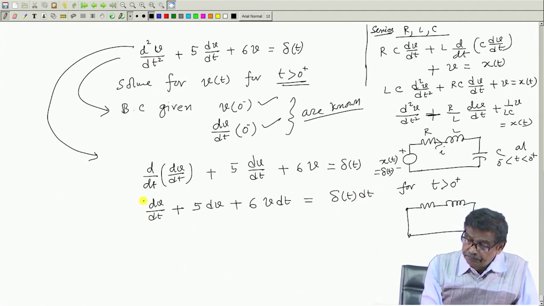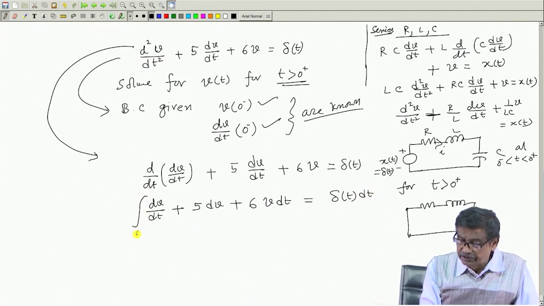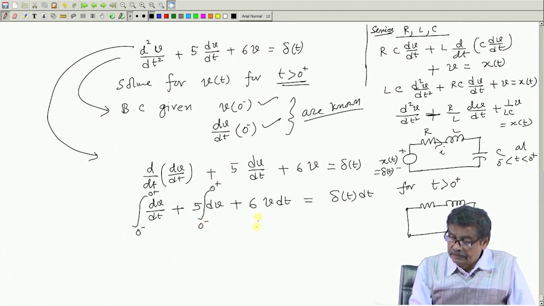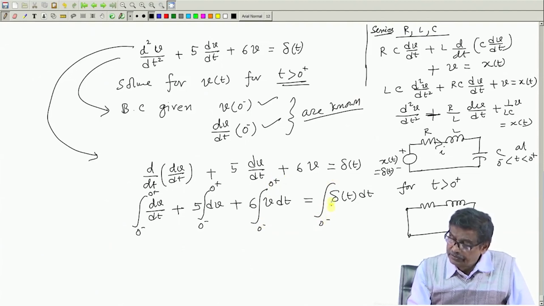Then I will integrate both sides from 0 minus to 0 plus, each term from 0 minus to 0 plus, and the right hand side will become equal to 1.